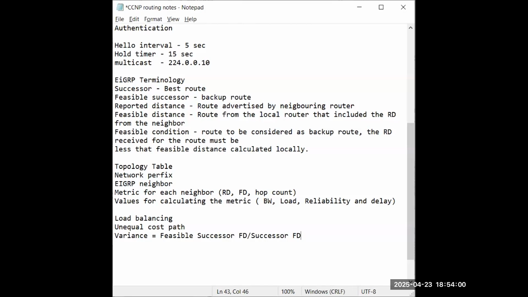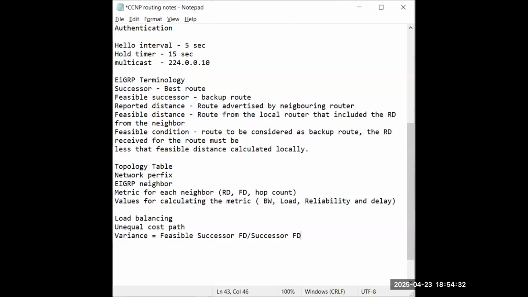So when you give a show IP route, you will see multiple routes and their feasible distance and reported distance. So you can get that value from the output of show IP route, after you run the EIGRP process. From that output, you will get the FD for the feasible successor and the successor route.